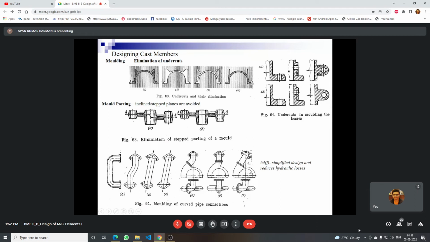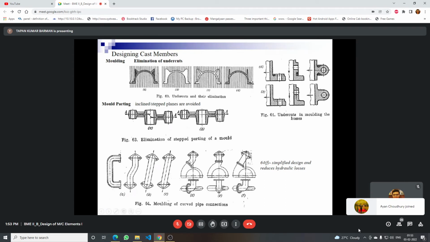So at the design stage, if it permits, we can change this design to this design, or it is also better than this one. Here you see the position of the hole is inclined, but here we have made it horizontal. For this one also, there is an unnecessary bend, but we try to make it like this.